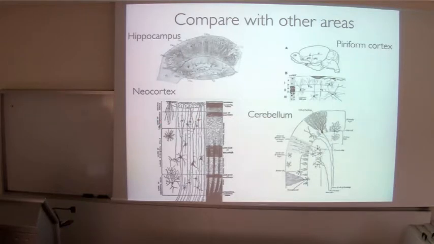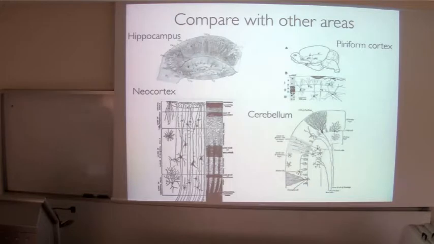On the other extreme, you have the cerebellum, which is layered, but organized in a very different way. You have granular cells which get feed-forward input but don't talk to each other, and then they send the parallel fibers to Purkinje cells, and the Purkinje cells send it out.